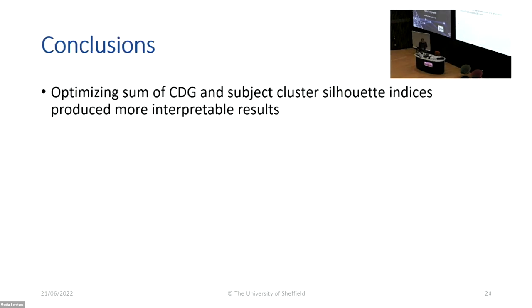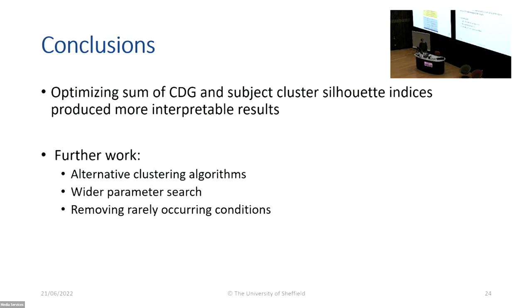We found that optimizing the silhouette index of the characteristic disease groups and the subject clusters simultaneously provided more interpretable results. We tested the pipeline by first splitting the optimization and first maximizing the silhouette index of the disease groups, but we found that doing the optimization simultaneously produced more understandable and interpretable results.